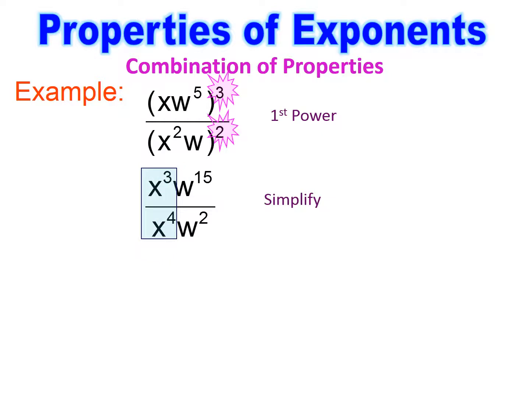So the first one, the higher exponent's on the bottom, so I'm going to subtract and it's going to stay on the bottom. I end up with x. And the second piece, the higher exponent's on top, I'm going to simplify or subtract, and I end up with w to the 13th. So this type of problem, you have to do the powers first and then simplify.